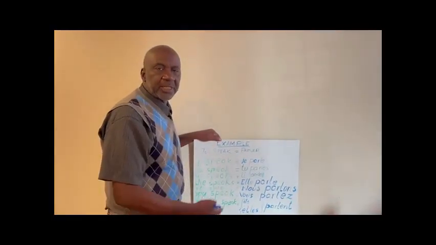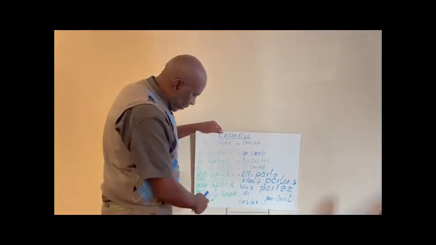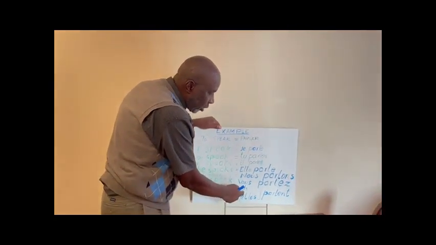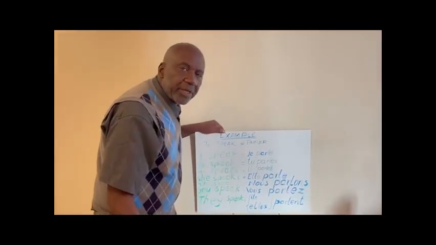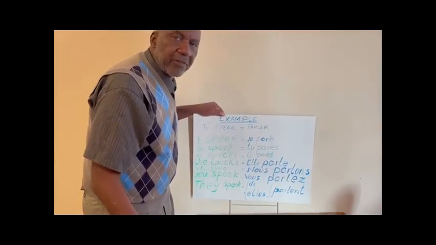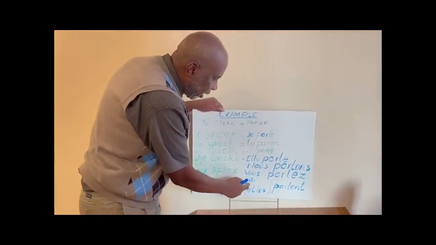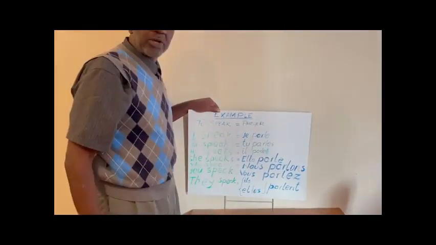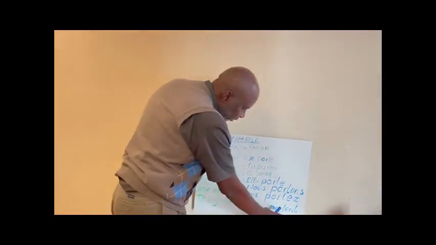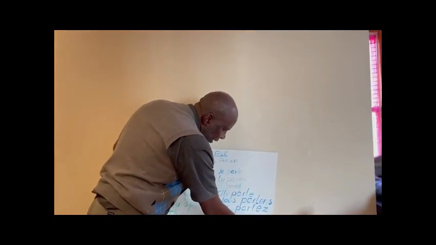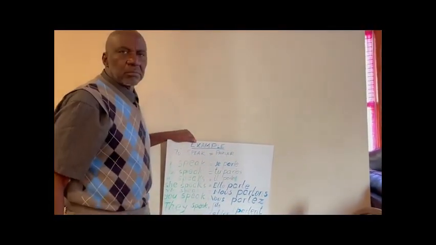But in English we just say they. They speak, that means you have to know who are speaking. Are they boys? Are they girls? If they are boys, then it is il parle. And look at the ending. The stem is the same. The ending is ENT. Okay?